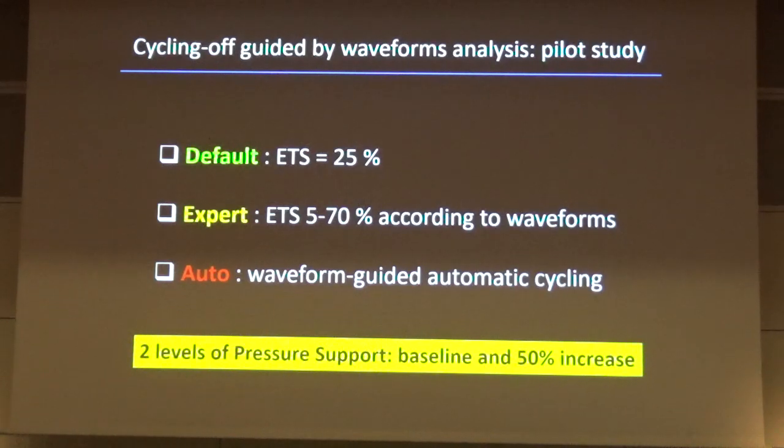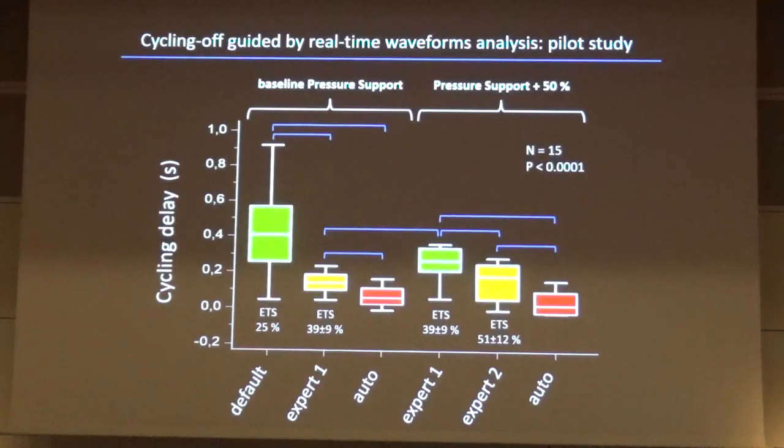Two levels of pressure support were tested, the baseline, clinically set, and a 50% increase. The expert setting, displayed here in yellow, and the automation improved the interaction with a decrease of late cycling. I have to say, with the automation slightly outperforming the expert setting.